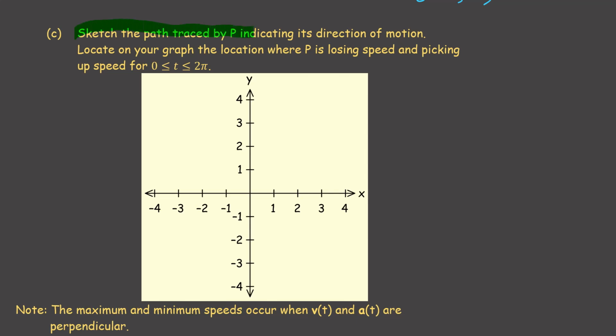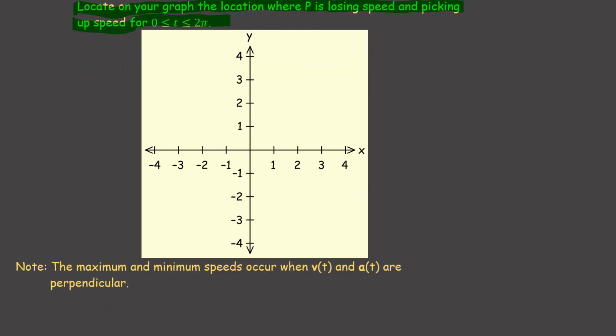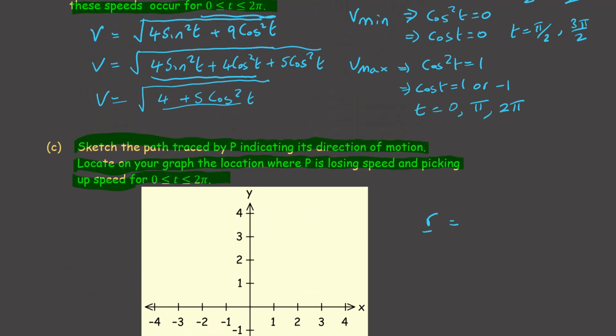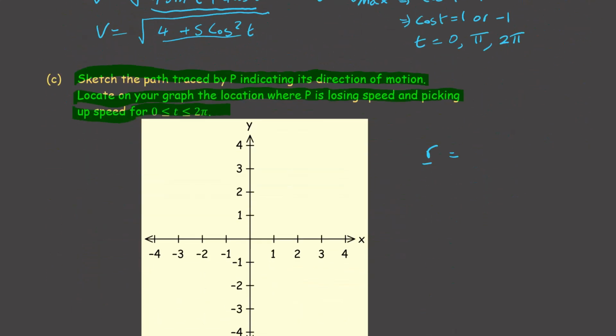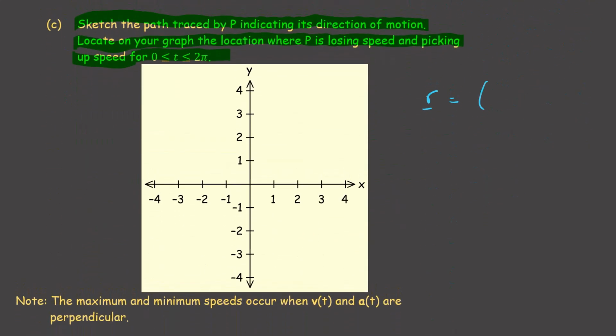Sketch the path traced by p, indicating its direction of motion. Locate on your graph where p is losing speed and picking up speed for 0 to 2 pi. So remember that r is equal to (2 cos t, 3 sin t).